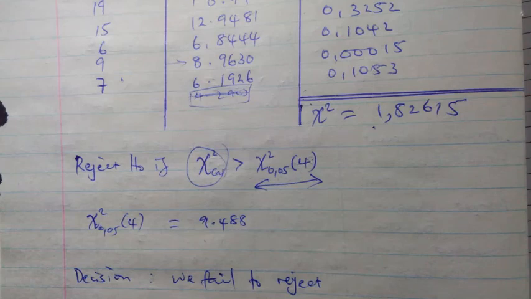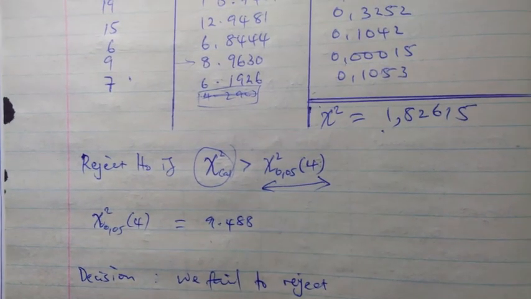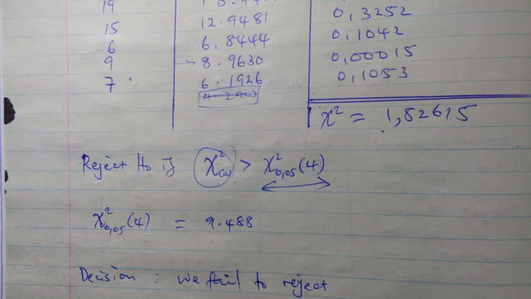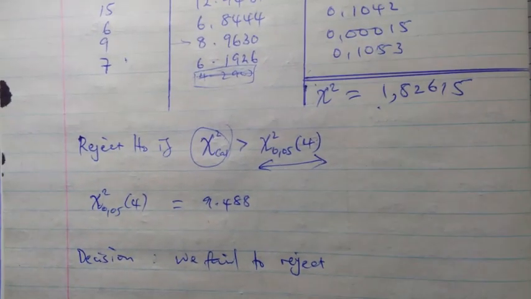If we fail to reject H naught, we conclude that there is insufficient evidence to claim that the amount of conduct is independent of the word. That's how you write your conclusion. So that's our chi-squared test for today.